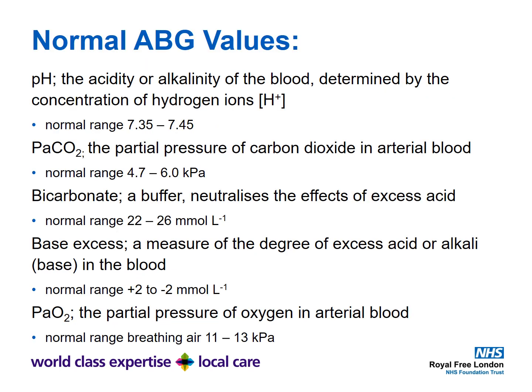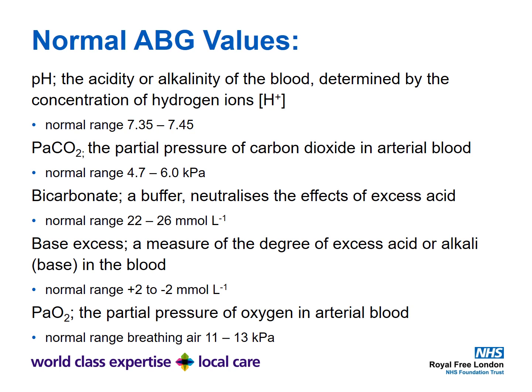So, normal ABG values. pH, the acidity or alkalinity of the blood, is between 7.35 and 7.45. PCO2, or the partial pressure of carbon dioxide in arterial blood, has a normal range between 4.7 and 6. Bicarbonate, which is a buffer, neutralizes the effects of excess acid, and has a normal range between 22 and 26.